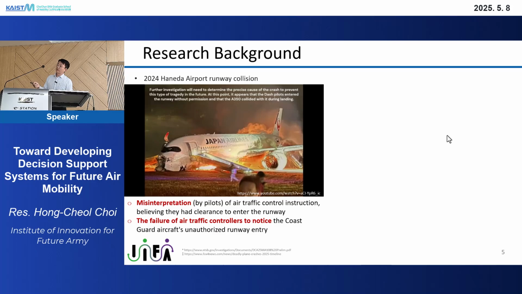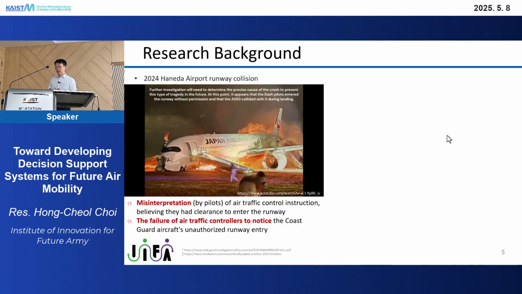So the Japan Airlines aircraft, trying to land on approach, collided with that aircraft. Another reason is that the air traffic controllers failed to notice that the Coast Guard aircraft had entered the runway. There was some time to check it, but the controllers missed it, resulting in a fatal accident. It caused around 5 to 6 fatalities.